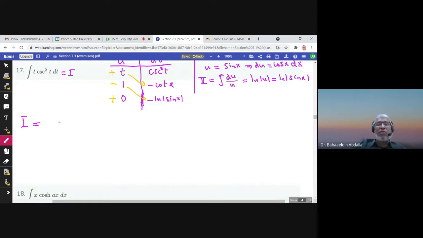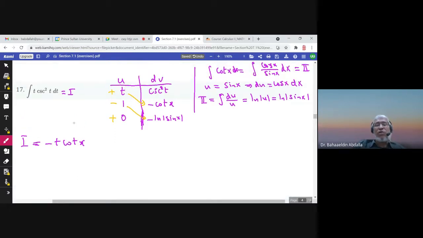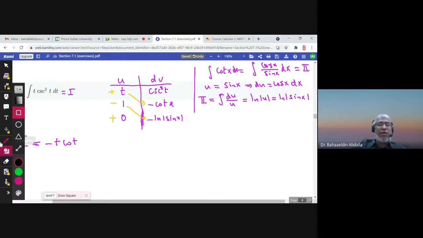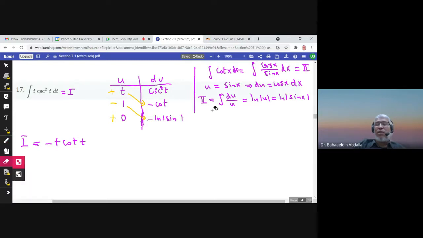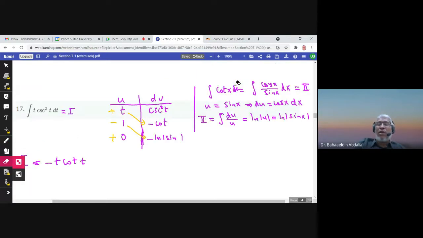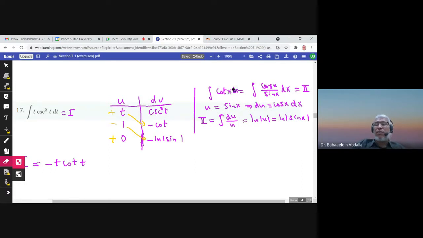This times this will give you negative t cotan x. Well, there is no x. Everything is t here; t is the variable. So we have always t, okay? Well, keep this x, no problem. This is not the same question.